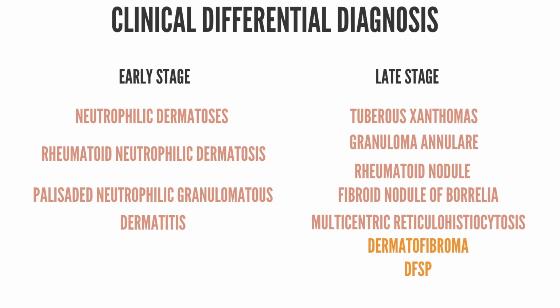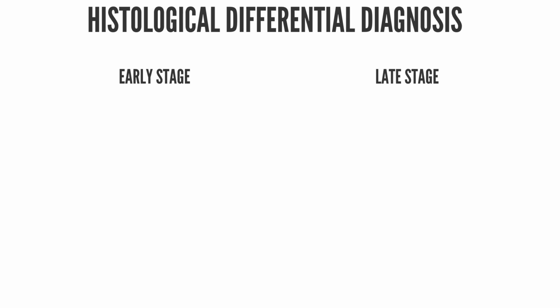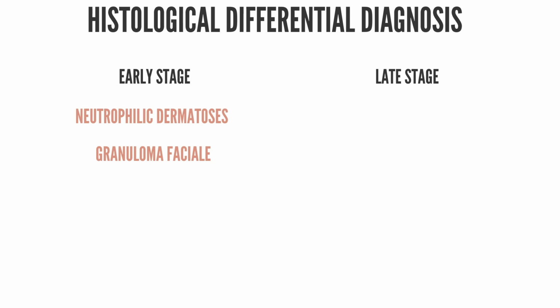Histopathologically, the earliest lesions may share features with neutrophilic dermatoses, but foci of leukocytoclastic vasculitis help to distinguish erythema elevatum diutinum. Granuloma faciale may also be considered, but a predominance of eosinophils and plasma cells and the presence of a grenz zone in granuloma faciale are distinguishing features, as well as localization of the lesions to the face.